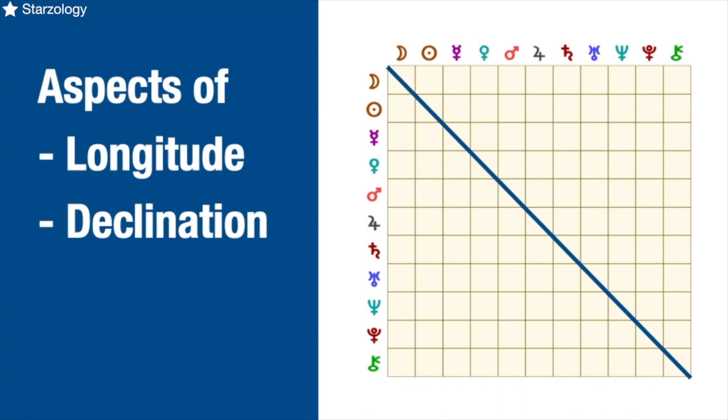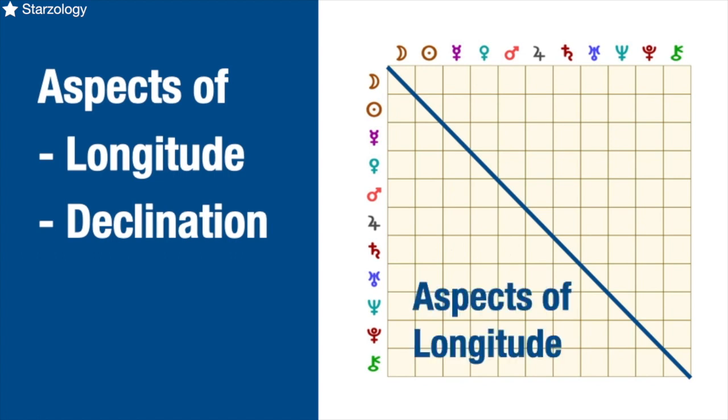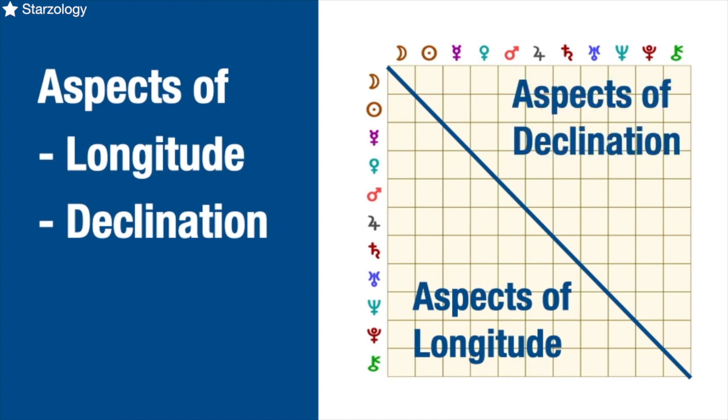Here we're using the app Astrogold, which I recommend, although they don't sponsor me or anything. In this half of the aspectarian, you will see the aspects of longitude, and in that half, you will see the aspects of declination, which are your parallels and contra-parallels.